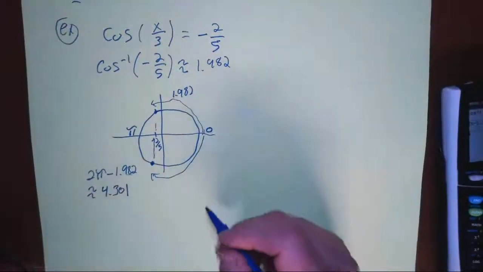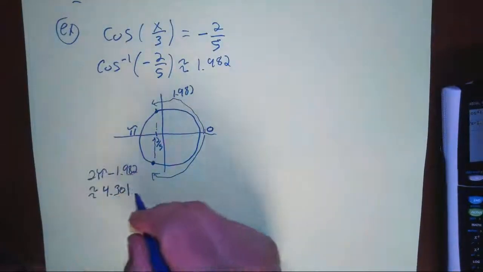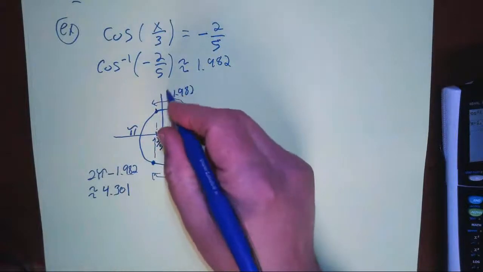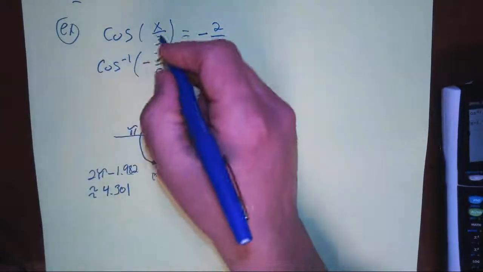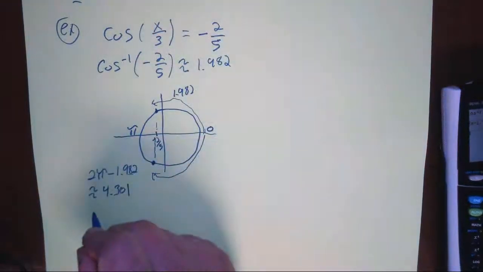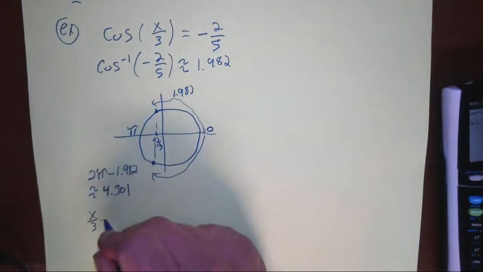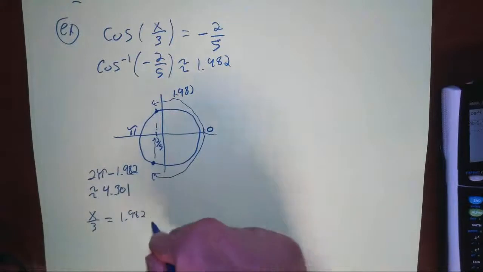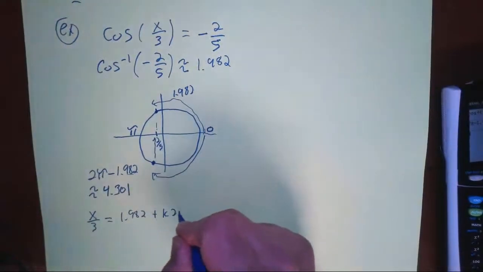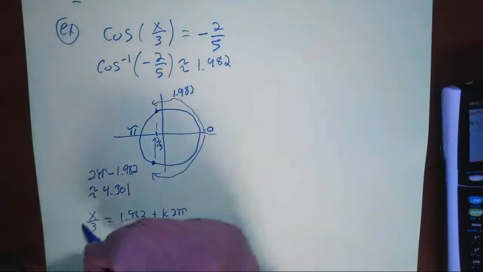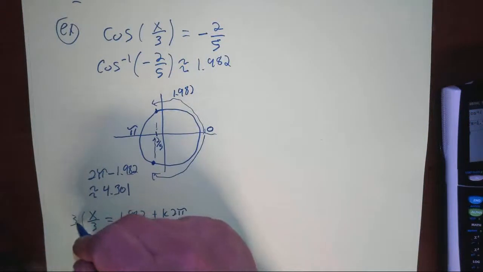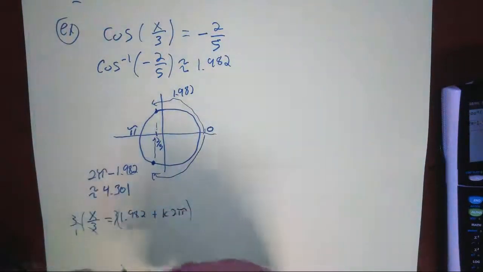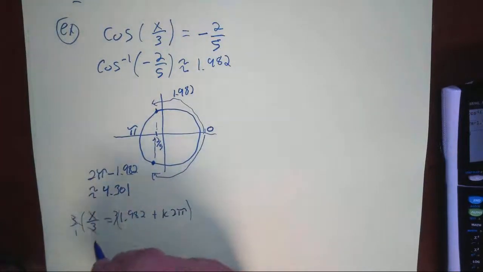Okay, I now have these two angles, this one up here and this one here, but it's x over 3 that needs to equal that. So x over 3 is equal to 1.982 plus k times 2 pi. I have to multiply both sides by 3, which gets rid of this and leaves me with just x.